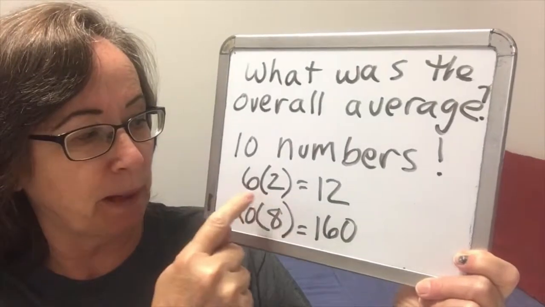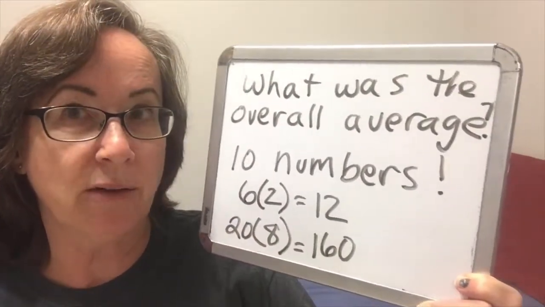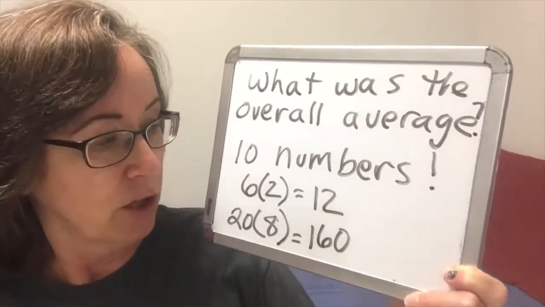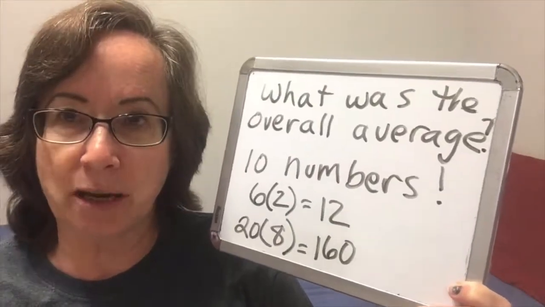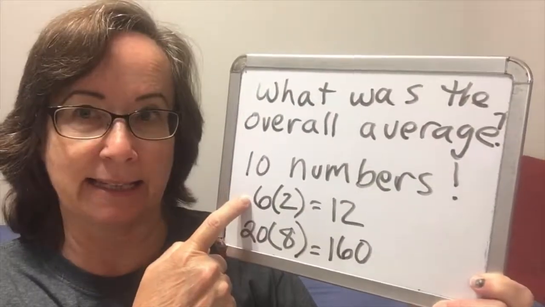So we multiply. We don't know what those numbers were, but we know that 6 plus 6 has an average of 6. So we just assume that each number can be counted as 6.